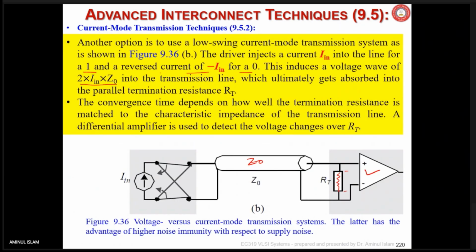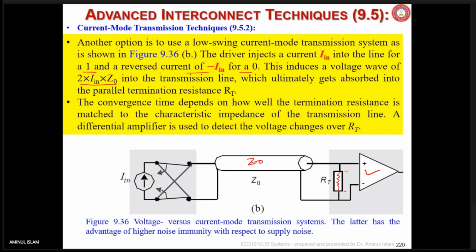Another option is to use a low swing current mode transmission. Instead of voltage levels, current mode transmission may be possible, as shown here in this diagram. The driver injects a current I in into the interconnect line for a transmission of 1, level 1, and a reverse current of minus I in for a 0 level.